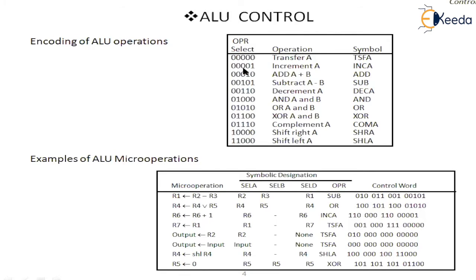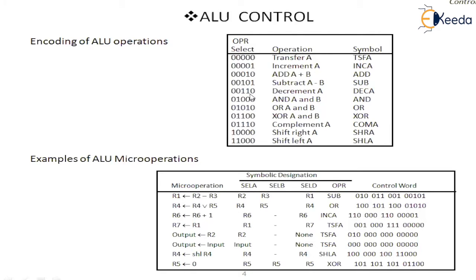Similarly, when this is the operation input for the ALU, the contents of register 1 will get incremented. If this is the input, addition will be performed between register 1 and register 2. And if this is the input, subtraction will be performed between register 1 and register 2.